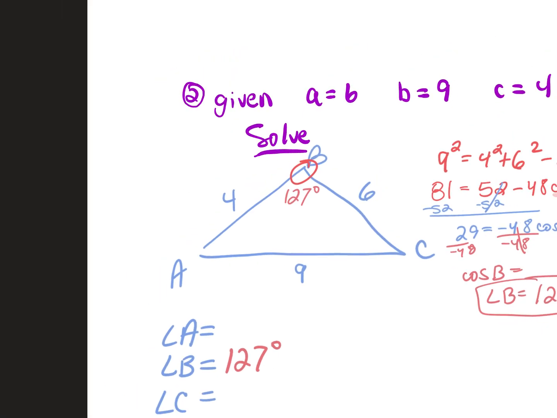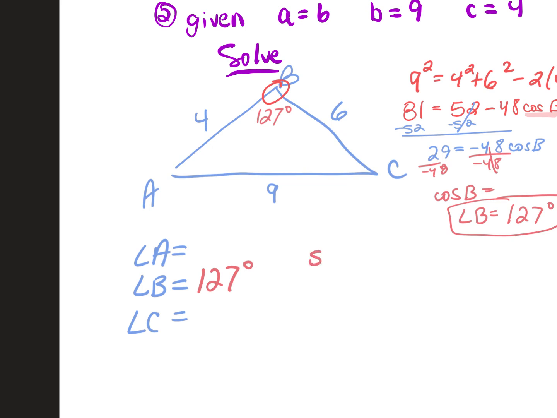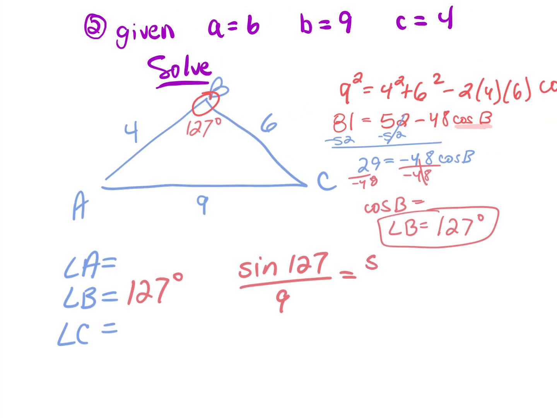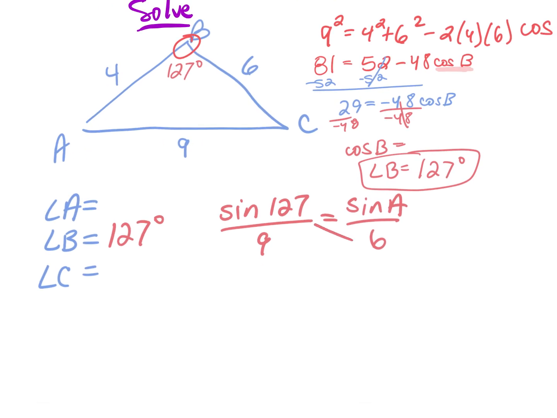Now, you can solve the triangle. You can do the rest using law of cosines, but since we now have a side length and its corresponding angle, I'm going to use the law of sines. So I'm going to say sine of 127 over 9 equals the sine of A over 6, because I'm going to find angle A. So when I do that, we're going to cross multiply.